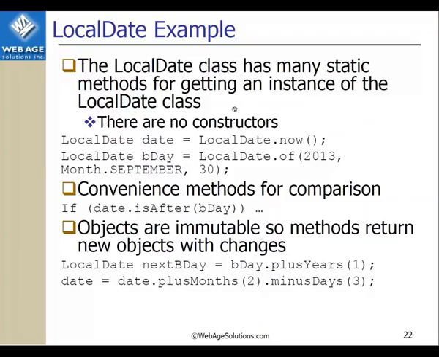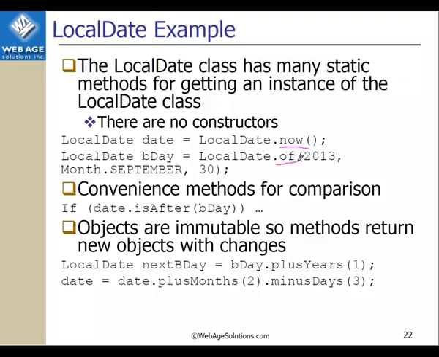There's different classes, this local date class, local time class, etc. A lot of static methods for getting an instance, so you're not calling constructors, you're basically calling a static method. So notice on the local date class, you do have a now method. The now method basically says, give me a local date that represents this date right now. I can store that as a variable.